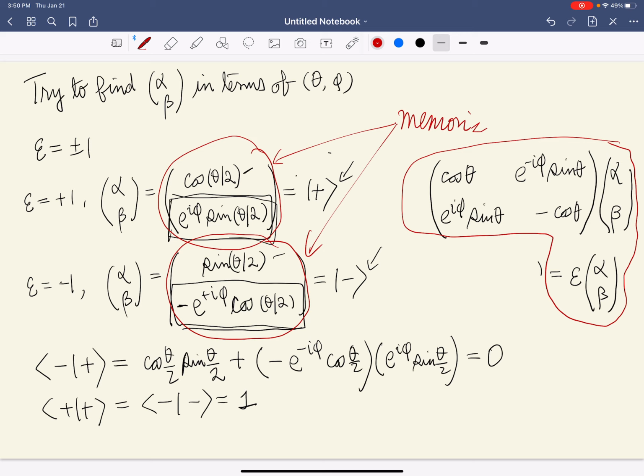Memorize, yeah. If you stare at these expressions long enough, you will see how these expressions flow, and it will start to make more and more sense to you. Well, anyway, this is the way you solve the two-level problem.